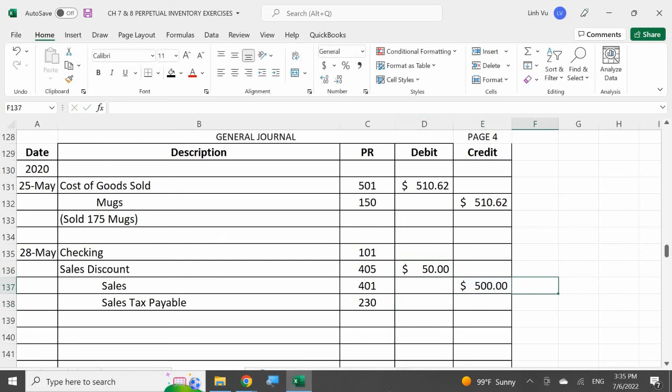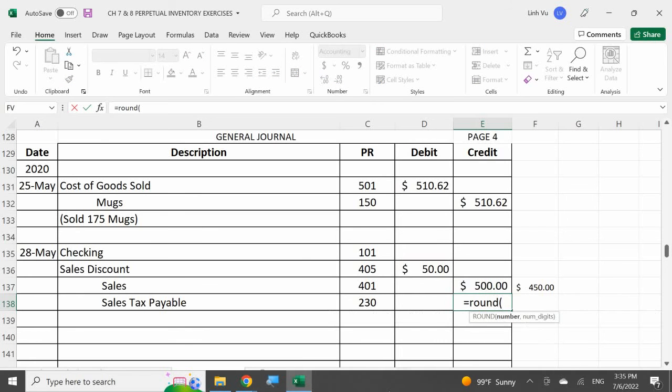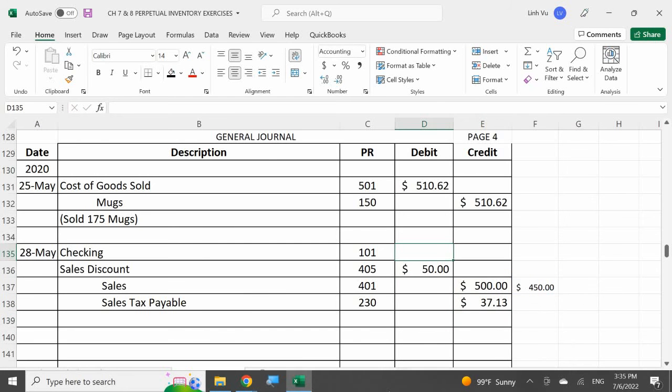So 500 minus 50 is going to give you 450. So how much tax are you going to be charging off of the 450? 37.13. Okay. So in grand total, how much cash should you be collecting from customer C?